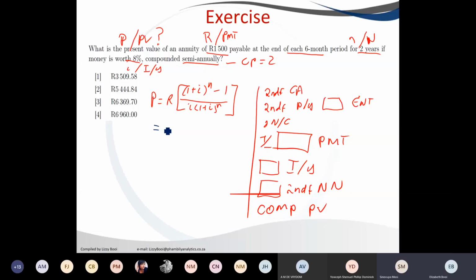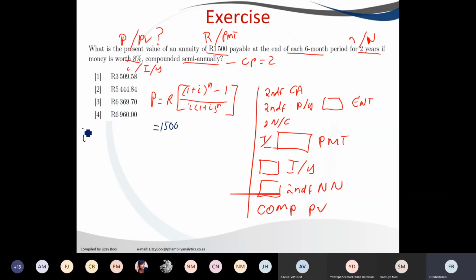The value of P is 1,500. Before you substitute, I want you to work out I and N outside of the equation, so that it doesn't create so much clutter in your workings. Then we'll come back to the calculation.